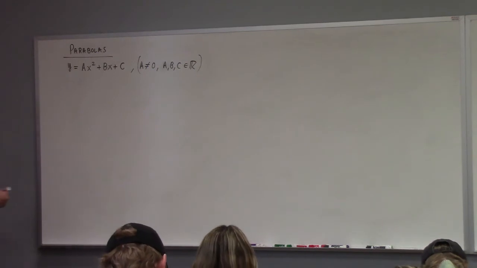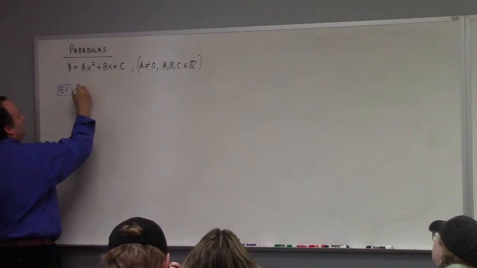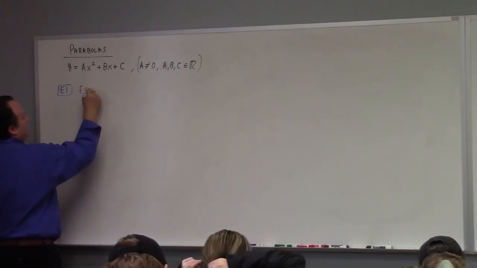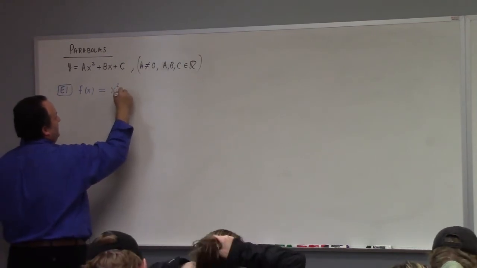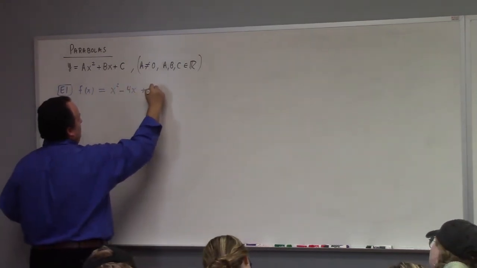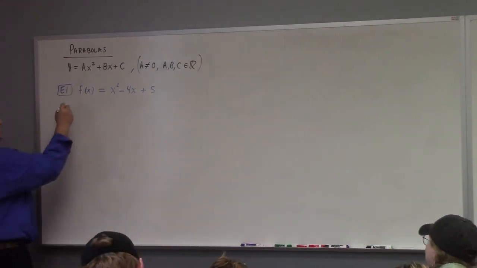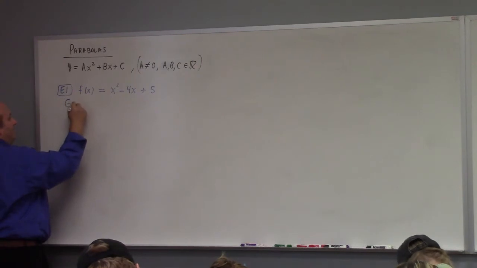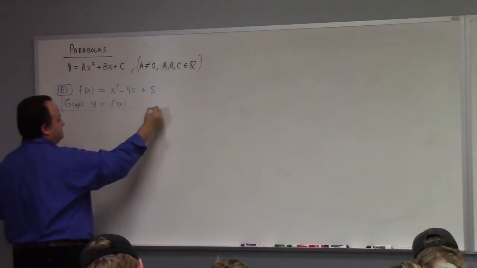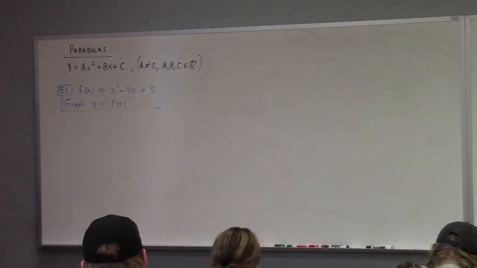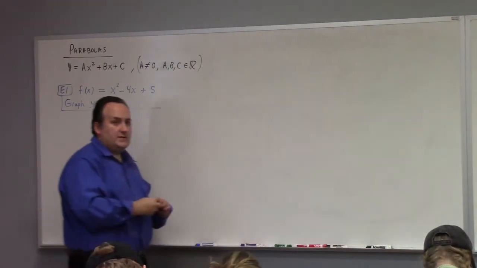So let's look at example 1. Suppose you've got f of x equal to x squared minus 4x plus 5. I want to understand what the graph of y equals f of x looks like. In this case, I think the right thing to do is to complete the square.